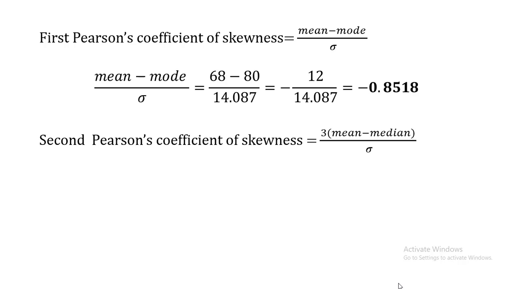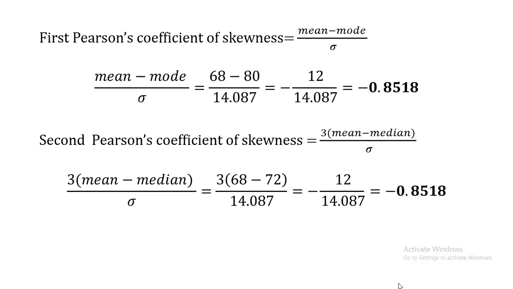The second coefficient, 3 times (mean minus median) divided by standard deviation, is 3 into (68 minus 72) divided by 14.087, which gives minus 12 divided by 14.087, equals minus 0.8518.